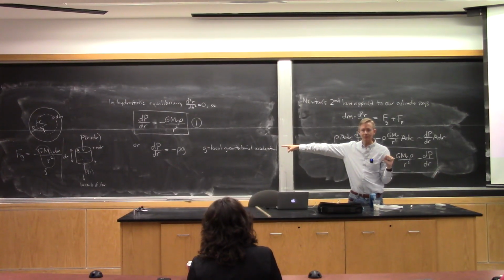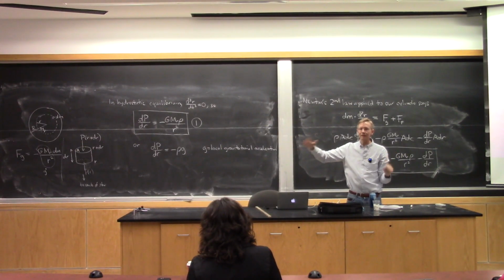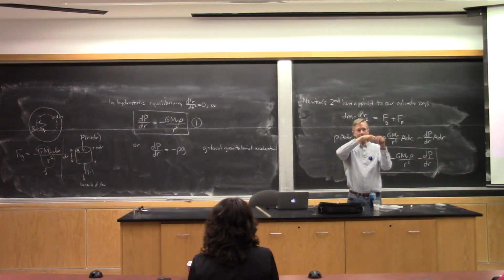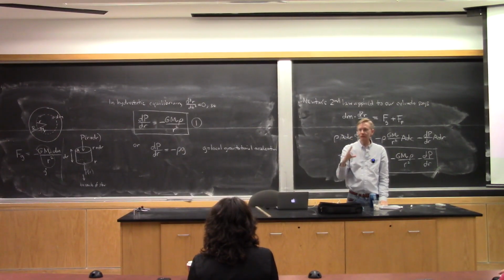In other words, pressure needs to decrease with altitude in order for any layer of the atmosphere, or any little chunk of it, to have as much upward pressure force as there is downward gravitational force. This is why air is thinner on the mountaintop. The air pressure needs to decrease in order for there to be equilibrium.